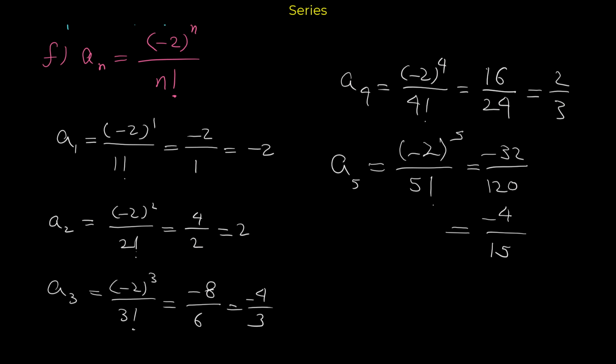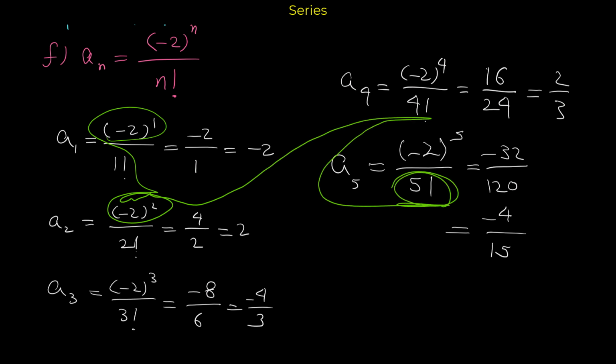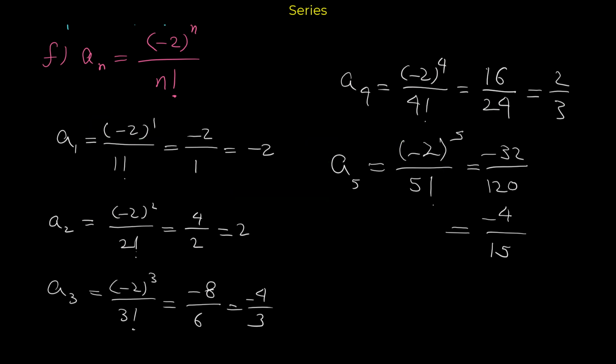At first the numerator was bigger, but when we continued writing the terms, the factorial gets bigger. So if we continue writing the terms, the growth of the denominator is faster than the numerator. So we can guess that this sequence converges to 0.